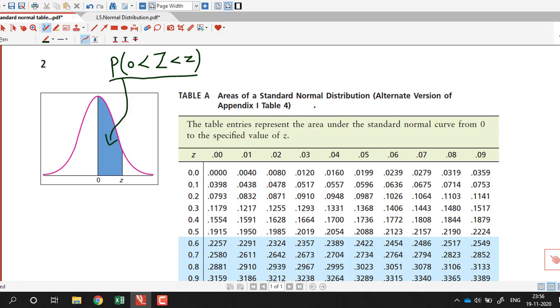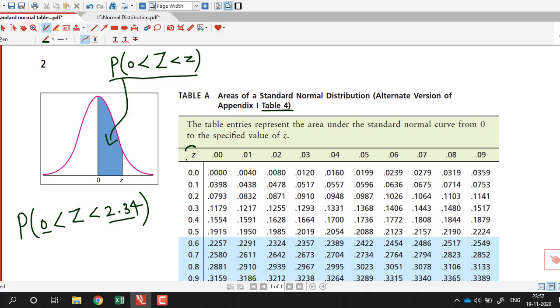So in this table the entries are nothing but this type of areas from 0 to a specified value of z. For example, if I want to find the probability that 0 less than z less than 2.34, that means I want to find the area from z equal to 0 to z equal to 2.34.